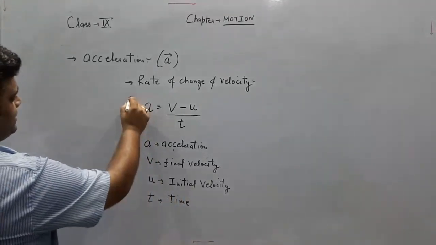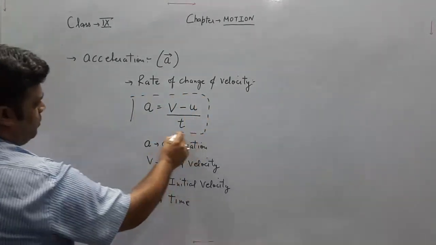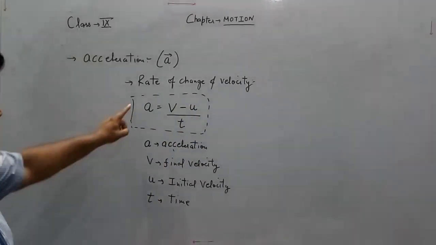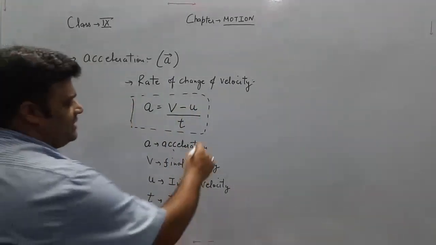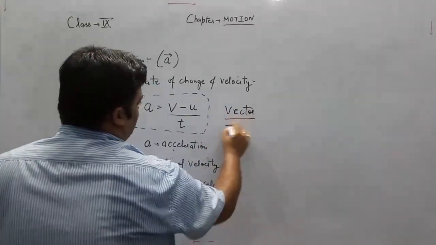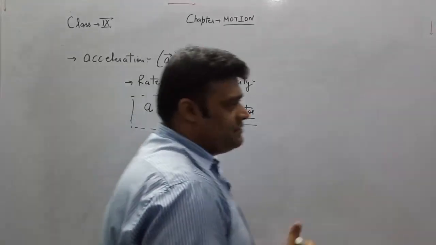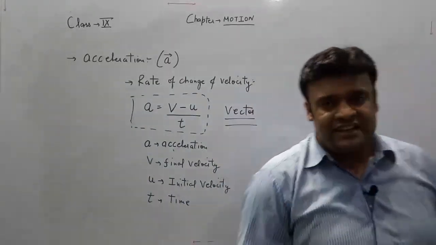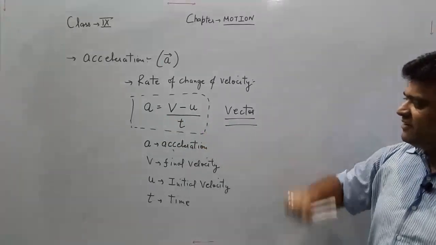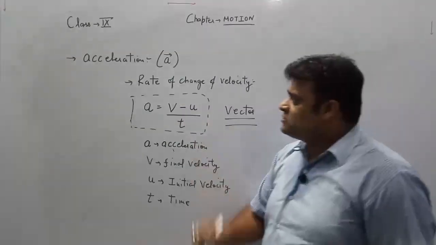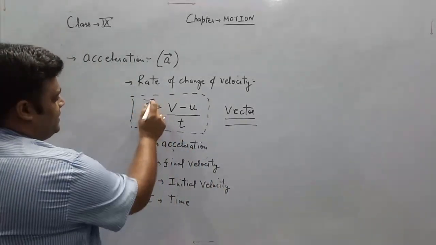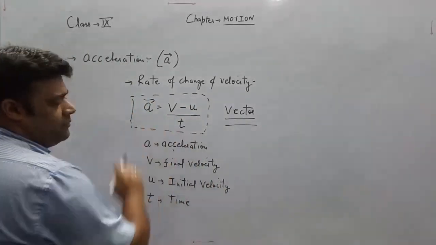So what is acceleration? The rate of change of velocity, that is (v minus u) upon t. Acceleration is a vector quantity, that is, acceleration has magnitude as well as direction. In case of acceleration, we also put a vector sign here: acceleration is equal to (v minus u) upon t.